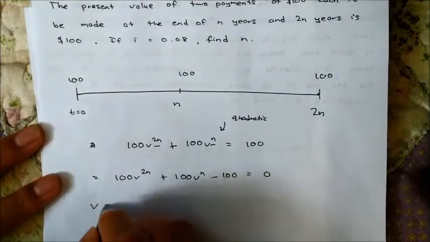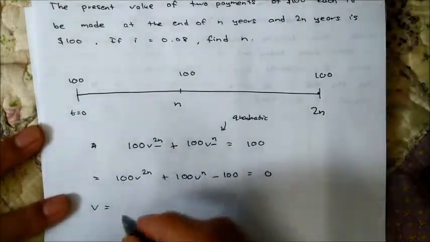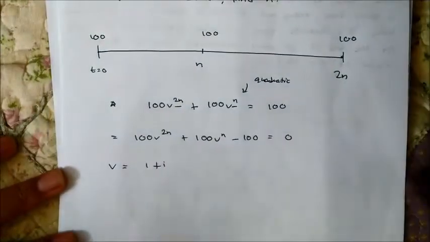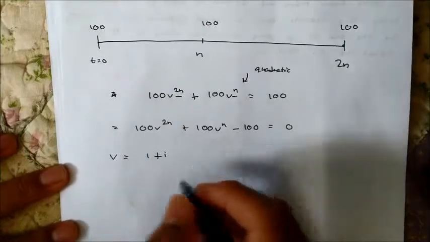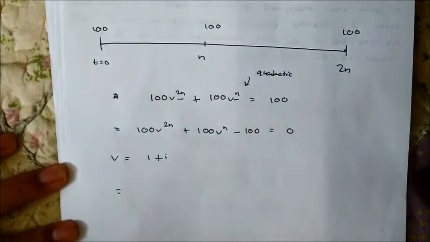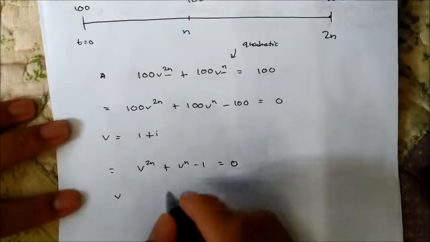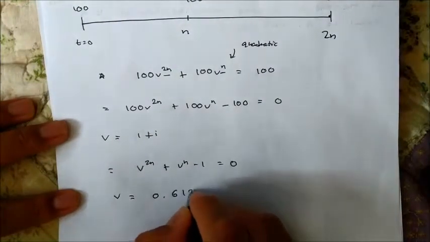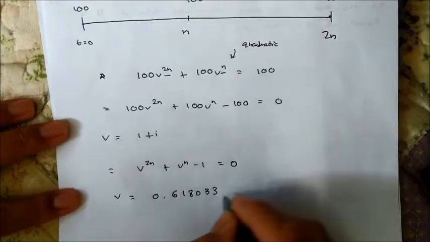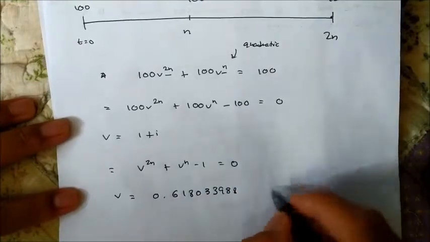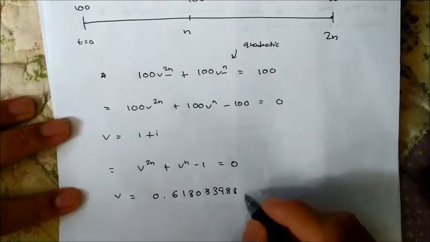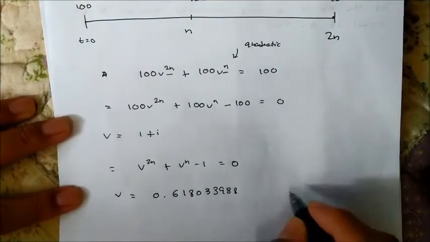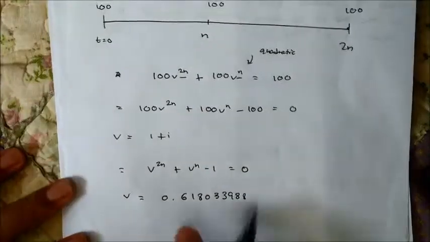Alright, so v is what we are representing as 1 over 1 plus i. Therefore, when we reduce this equation, by using calculator, we can calculate the value of v, which is 0.618033988. There is another value which we will get in a negative form, but we will reject it as it is negative. Therefore, we will get v.